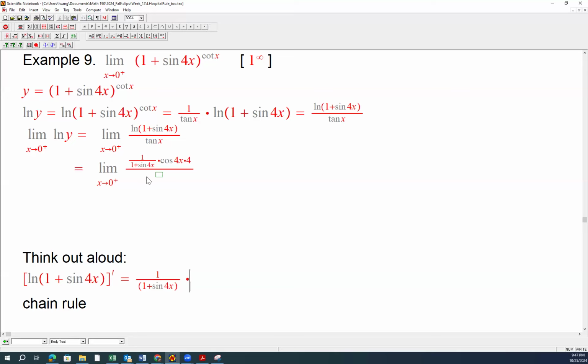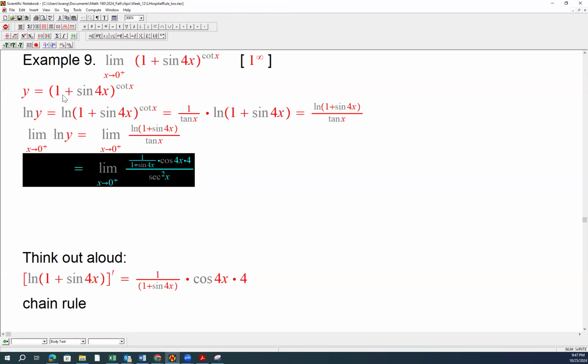And we differentiate the bologna, which is derivative of 1 equals 0, derivative of sine 4x is cosine 4x. And then you have to differentiate 4x, which is going to be 4, right? So that's how we use the chain rule to differentiate the top. Differentiating the bottom, we get secant squared of x.